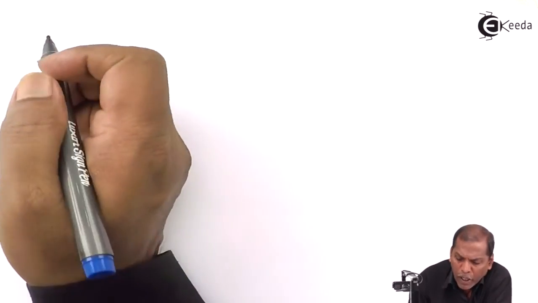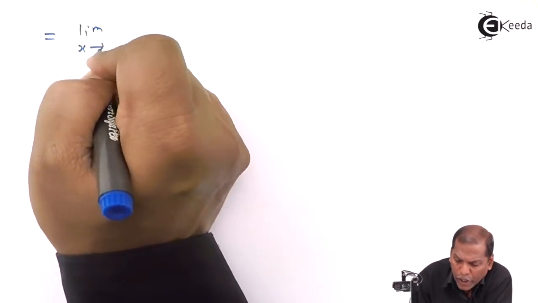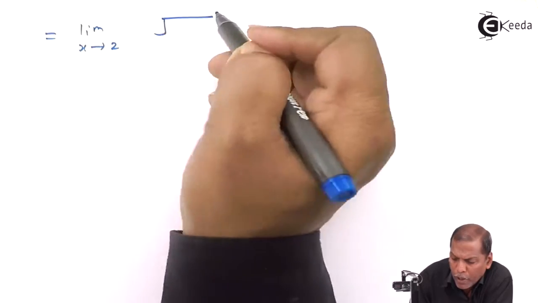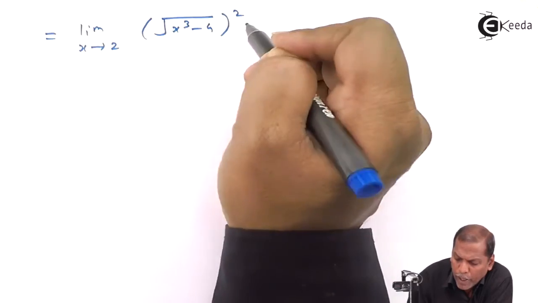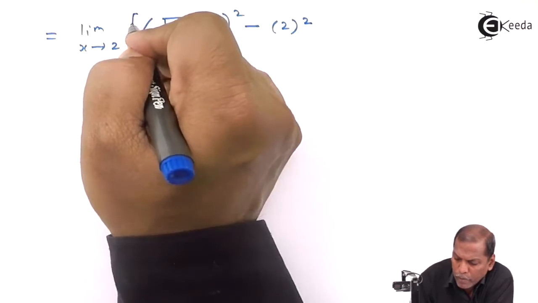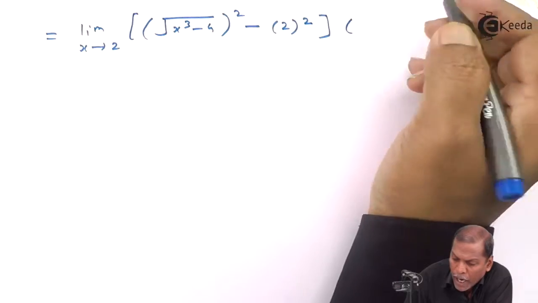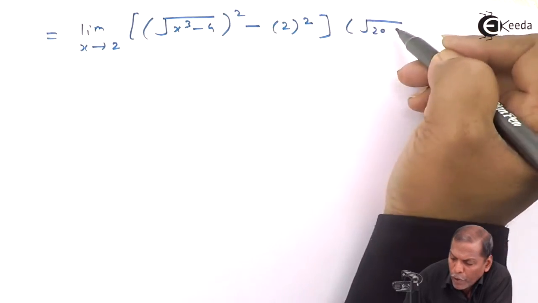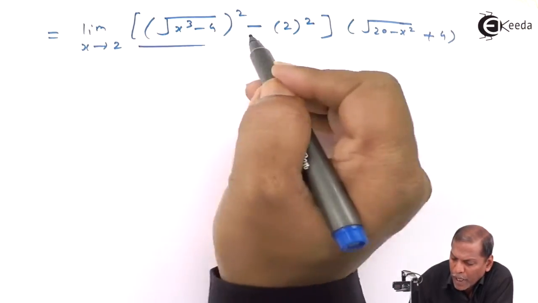By applying the formula (a plus b)(a minus b) equals a square minus b square, the next step will be limit x tends to 2, in the numerator (square root of x cube minus 4) whole square minus (square root of 2) whole square, that is the answer for the first two brackets. And the third bracket, square root of 20 minus x square plus 4, we write as it is.